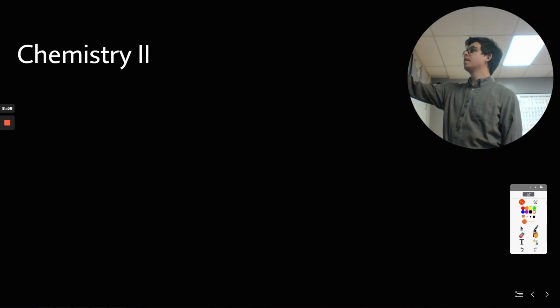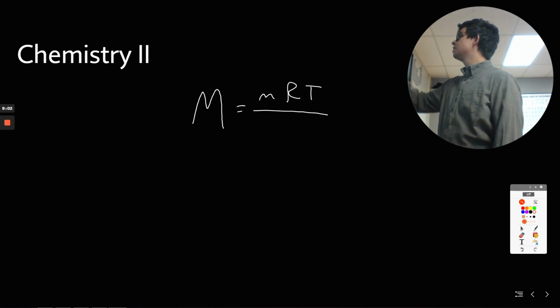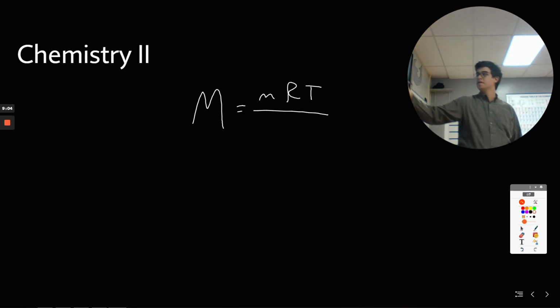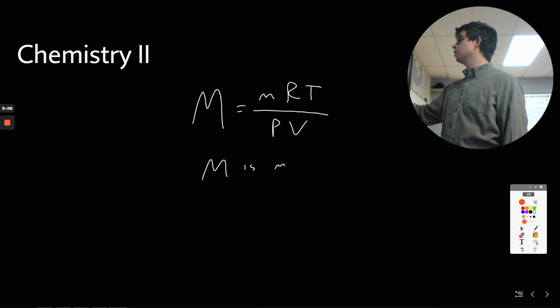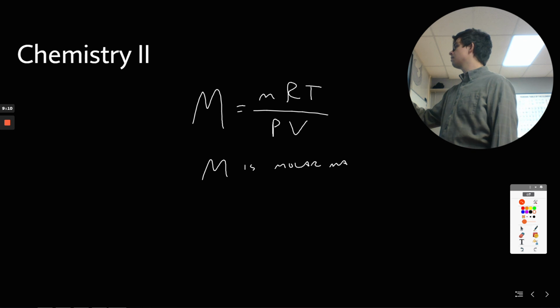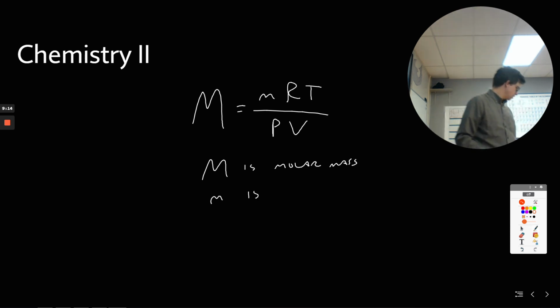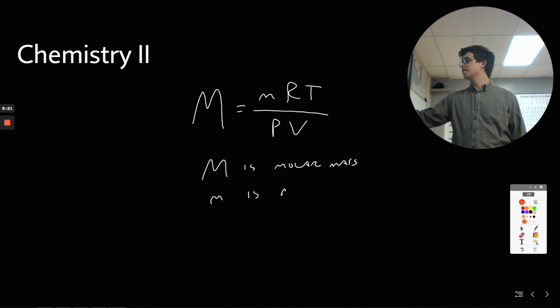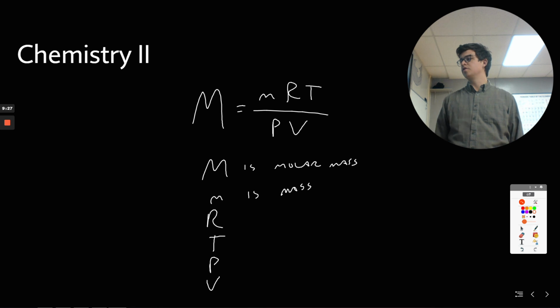Capital M equals lowercase m RT divided by PV, where capital M is molar mass, lowercase m is mass, R we already talked about, T we already talked about, P we already talked about, and V we already talked about.